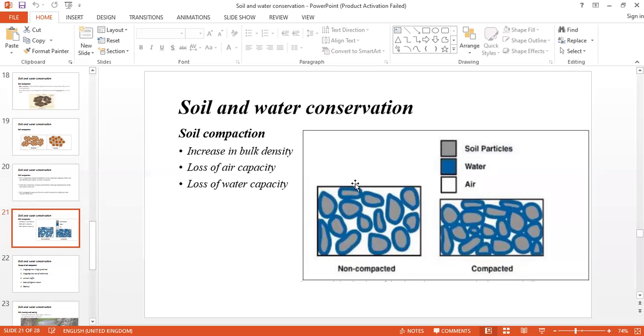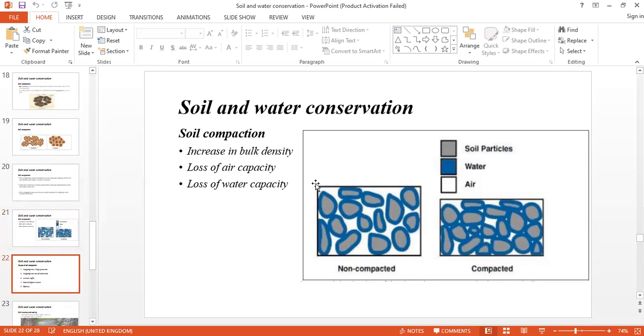If we compress this volume from here to here, the mass will remain the same, but the volume which was occupied by the air has now reduced. So we are saying that it has a higher bulk density. Like we said, compaction will increase the bulk density. It will reduce air capacity as well as the water capacity.